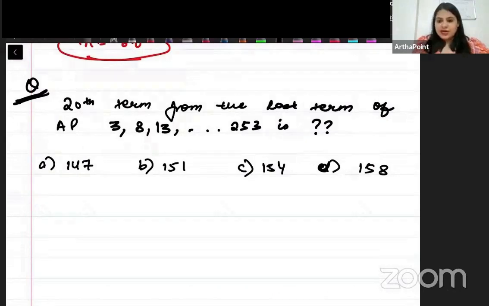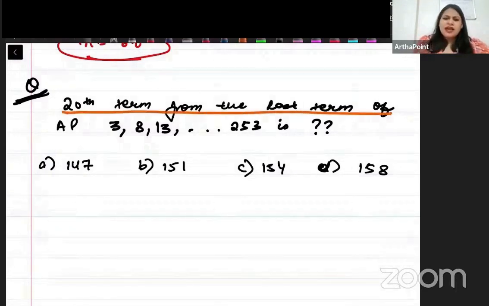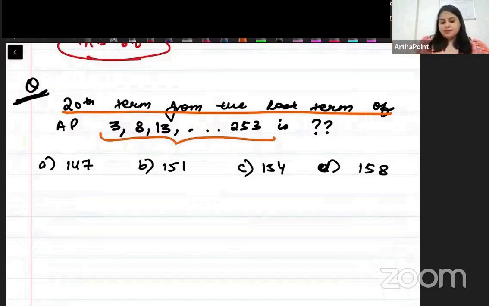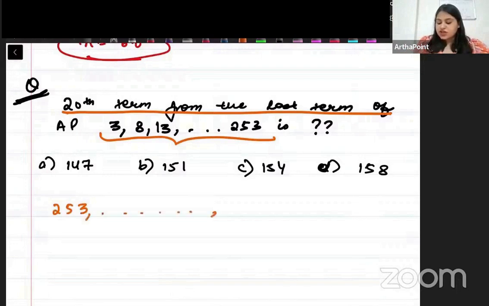But there is another trick to do these kinds of questions. It is asking the 20th term from the last. Tell me something. If I reverse this AP, can I write this as 253, dash dash dash dash, 13, 8, and 3?